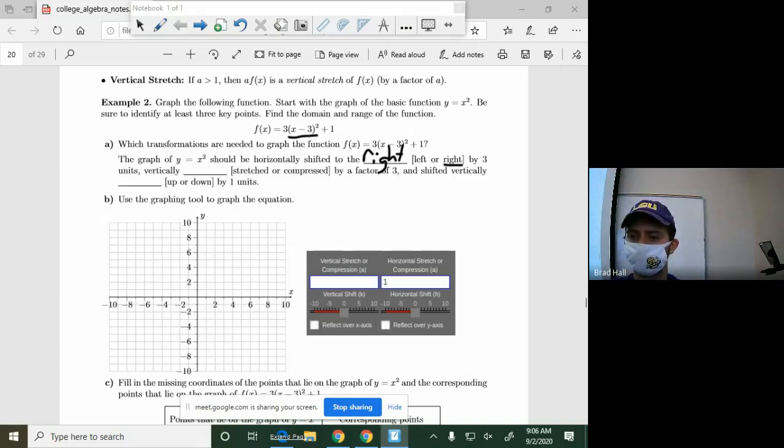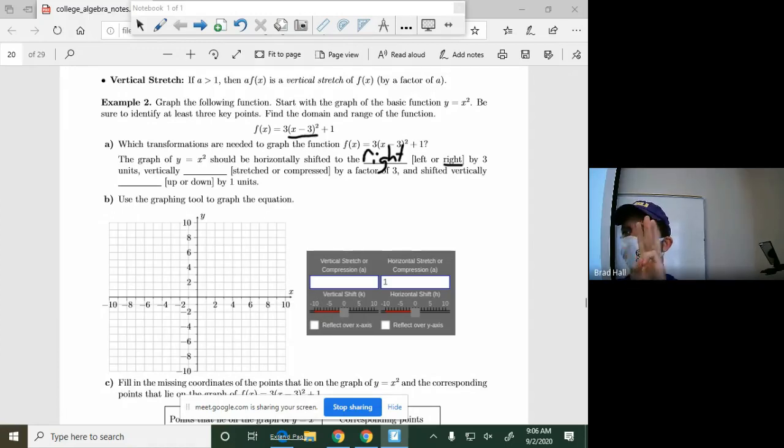And then the next part, okay, so that part does ask for stretched or compressed, but in general, besides for part A, it normally just does it for you. If you're multiplying by a number greater than 1, you get a stretch. If you multiply by a number less than 1 and greater than 0, that's a compression.